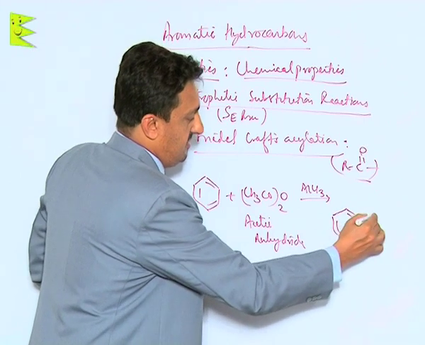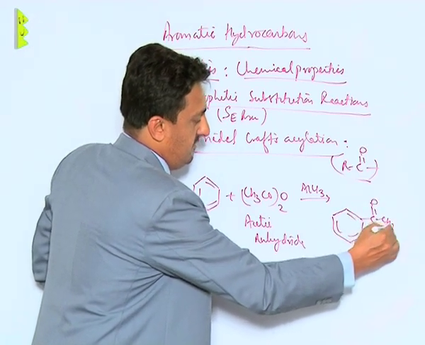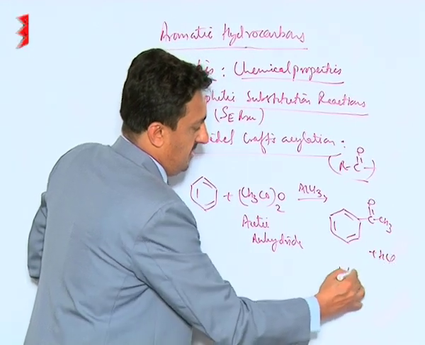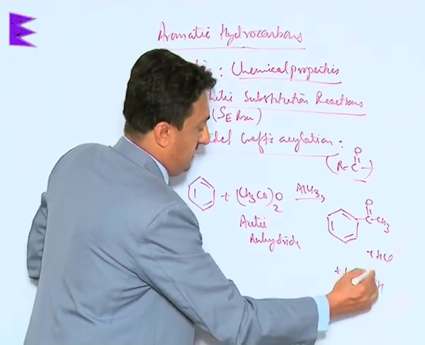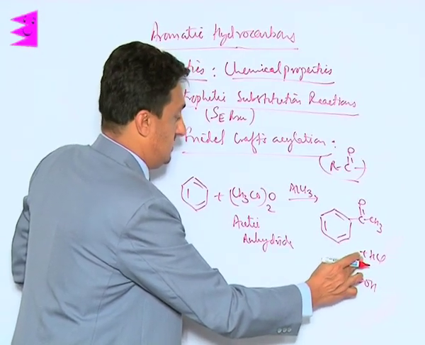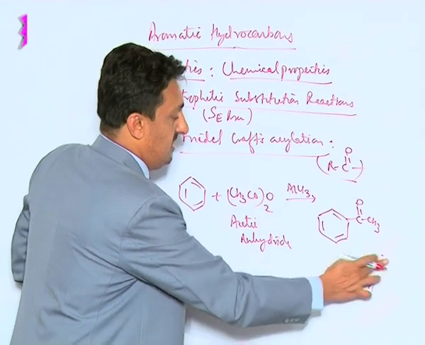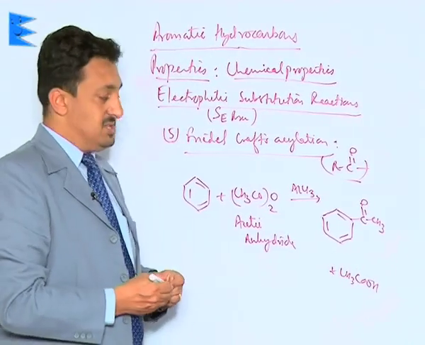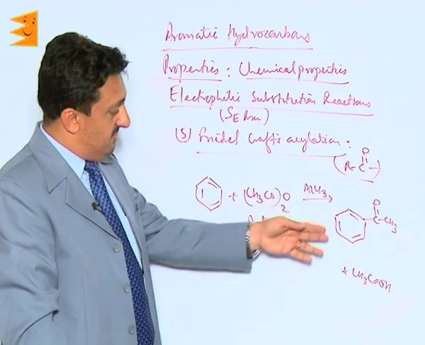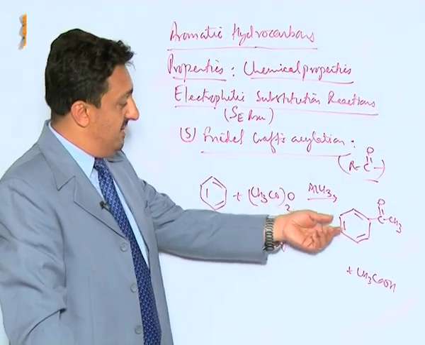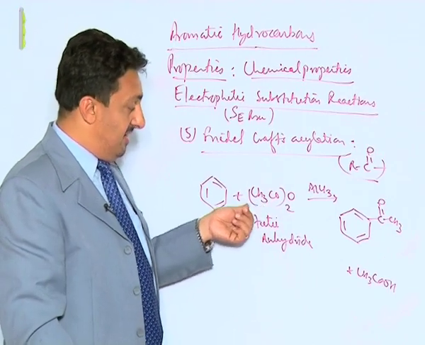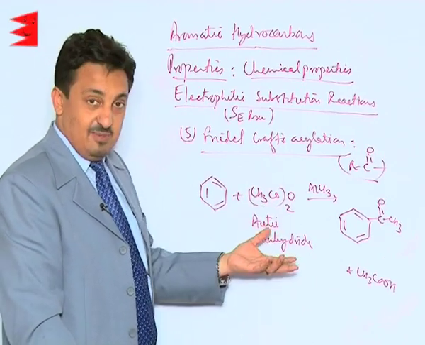What we get is acetophenone plus HCl, and of course the other product obtained in this case is acetic acid. So this is how we get the different acylated products. If we are taking either acetyl chloride or the anhydrides, the same reaction takes place.